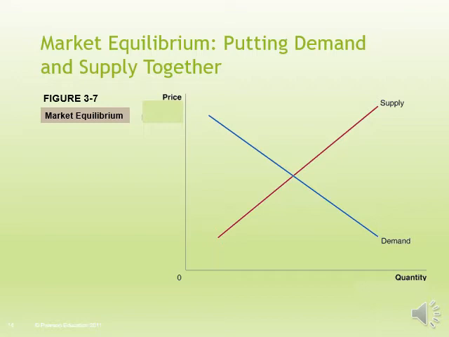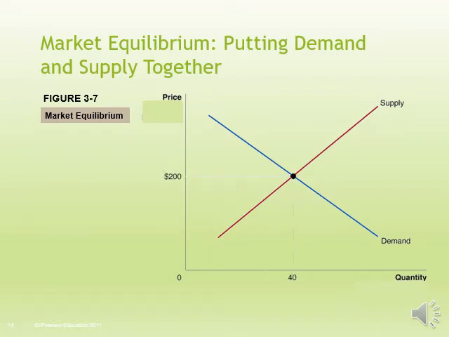So you're going to be looking at the international market for gold. The amount of gold that people are willing to buy depends on the price, and that's shown with the demand curve, the blue line. And the amount of gold people are willing to supply will go up with the price. That is shown by the supply curve, the red line.